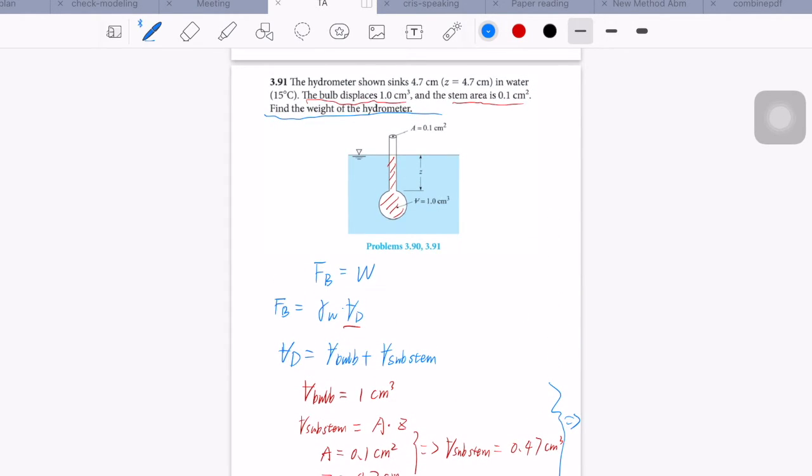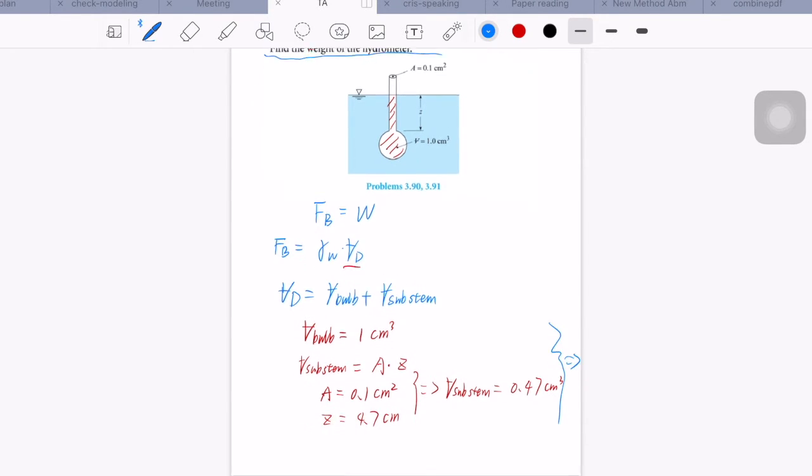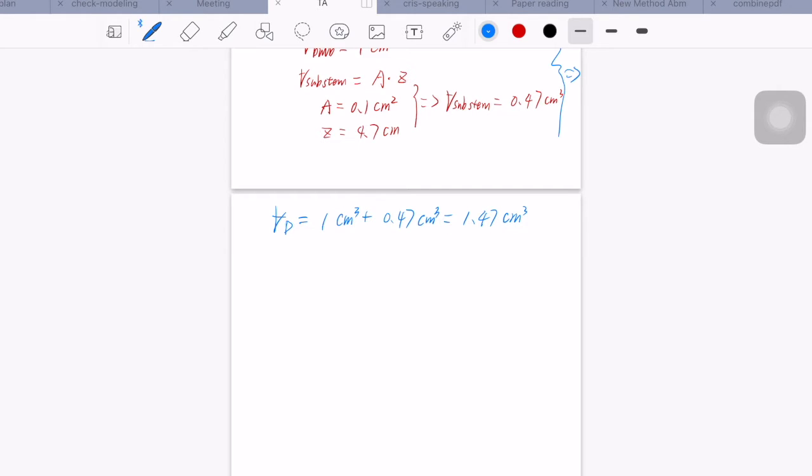We also know the water temperature is 15 degrees Celsius. From appendix table 5 in your textbook, we can find that when the water temperature is 15 degrees Celsius, the gamma water should be equal to 9,800 newtons per cubic meter.